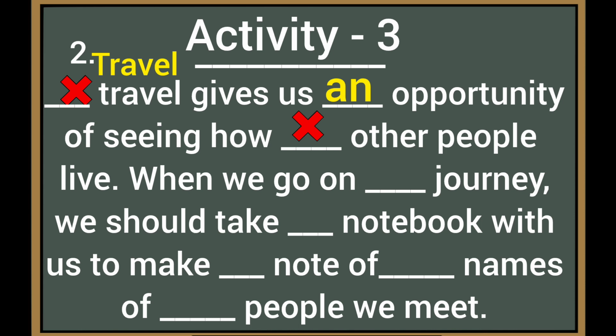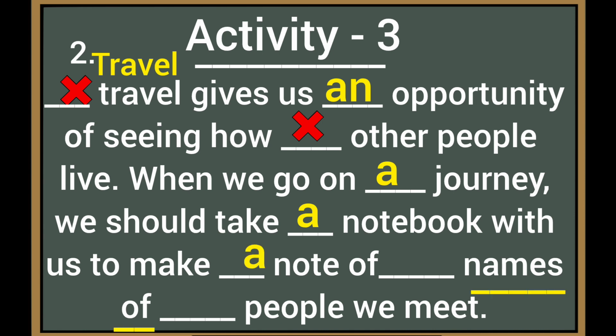Next, when we go on gap journey, we should take gap notebook with us to make gap note of gap names of gap people we meet. You see here, journey is there. Journey is a singular noun, so we can use a here. Similarly, in the next gap, notebook is there. It is a countable noun, so we can say a notebook with us to make a note. Here note is singular, so we can use a note.